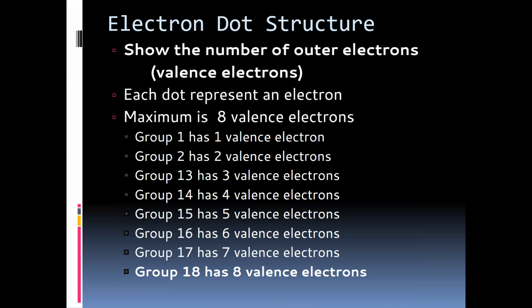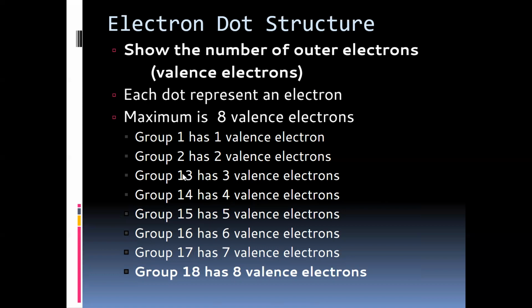Now that's in bold because 8 valence electrons is a full outer shell. And if you remember from my periodic table notes presentation, group 18 is unreactive because it has a full valence shell of 8 electrons.